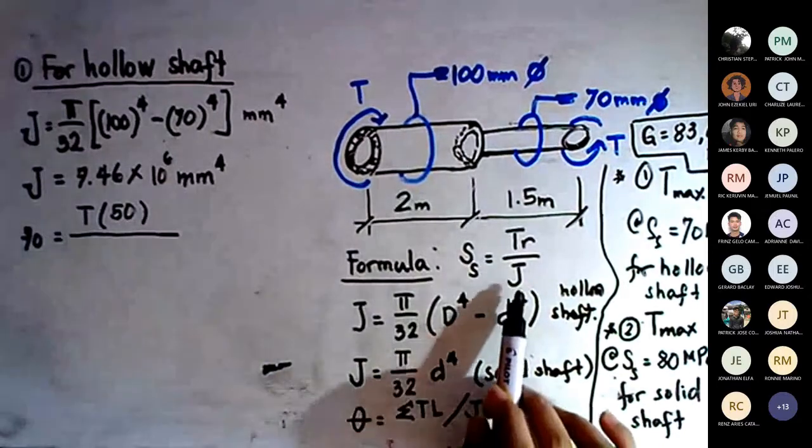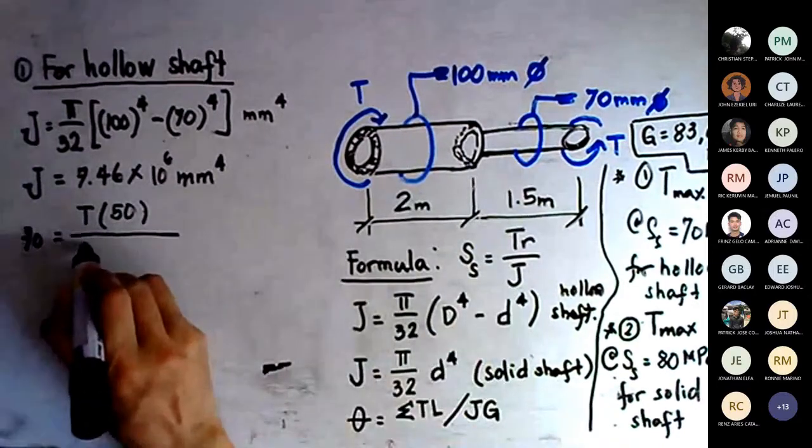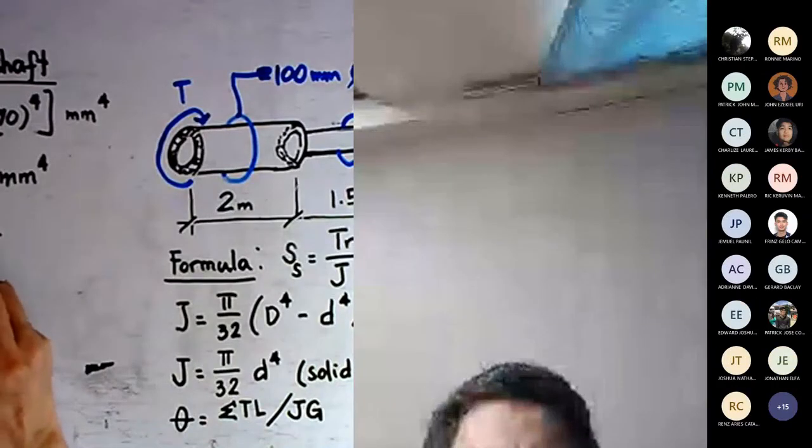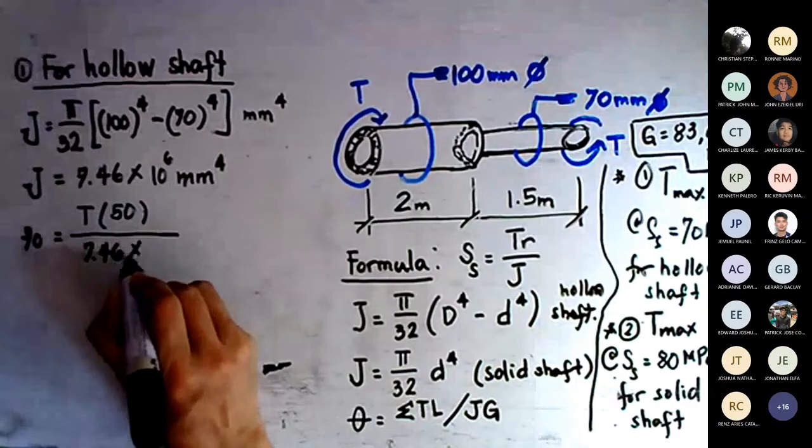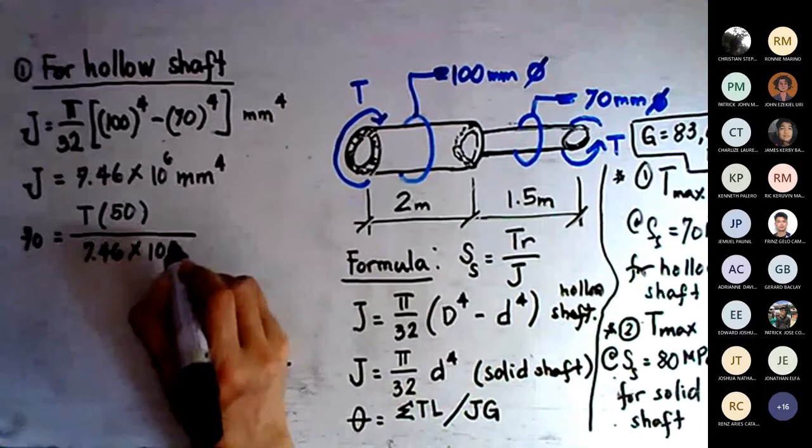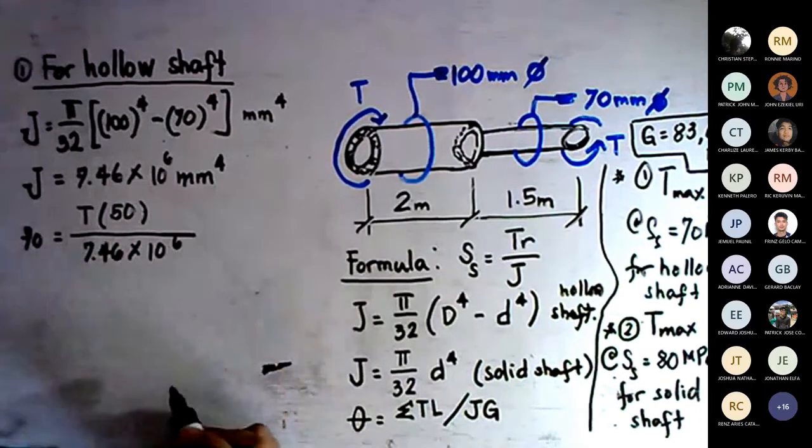TR over J. So, J, 7.46 times 10 to the 6th. Yan.